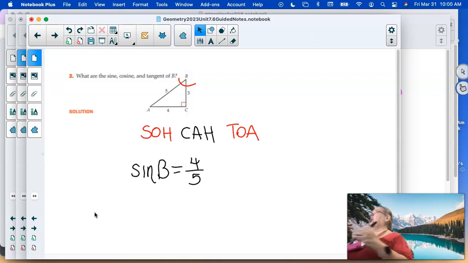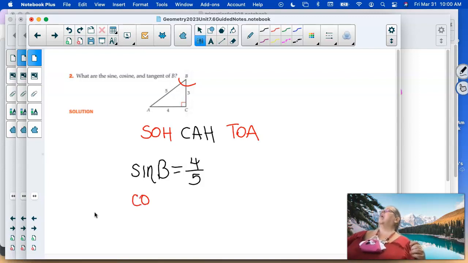I want the cosine of B. Cosine equals the adjacent or connected side divided by the hypotenuse. Oh, I'm looking at cosine A, so ignore me. The cosine of B is the adjacent side, which we all agree is 3, over the hypotenuse, which is 5.